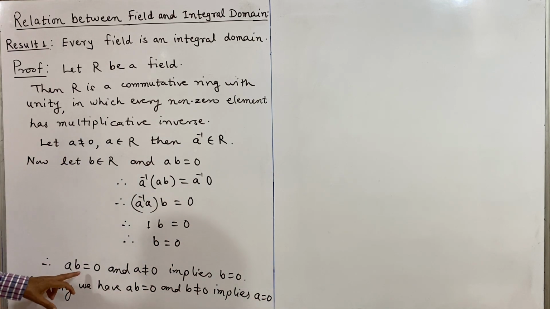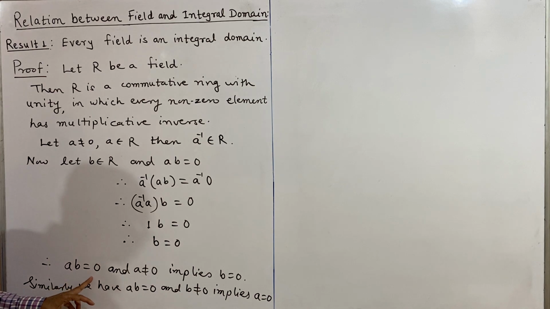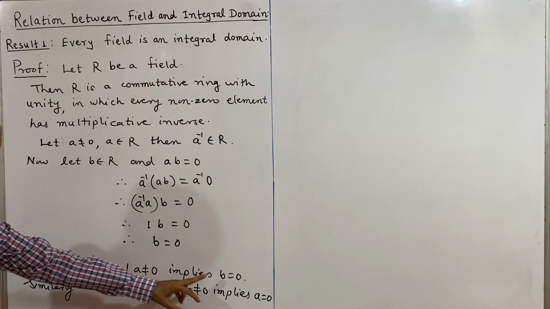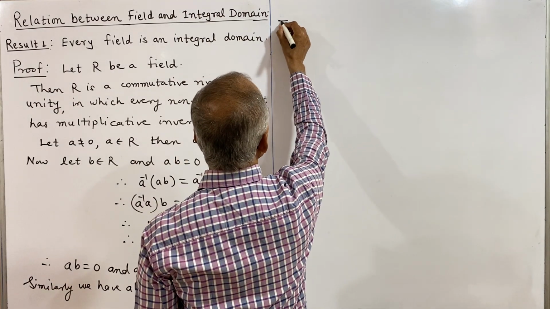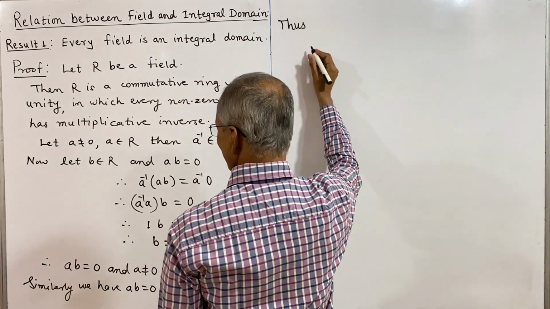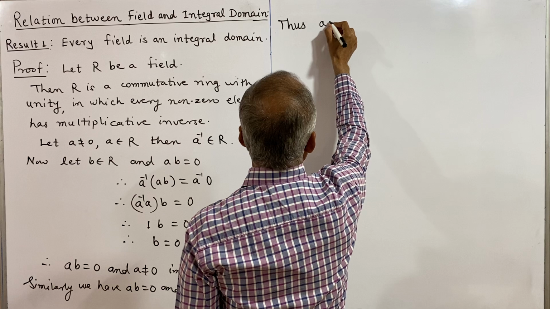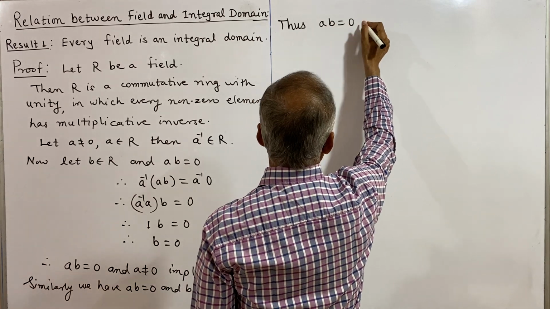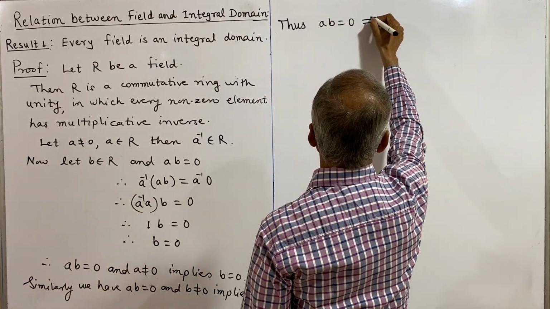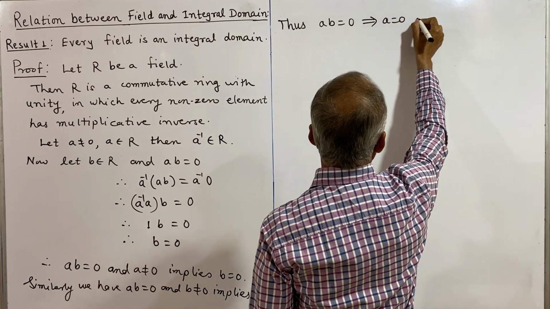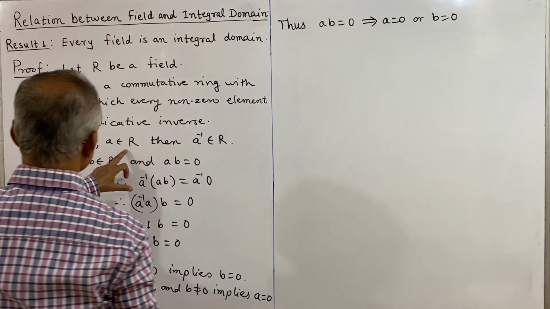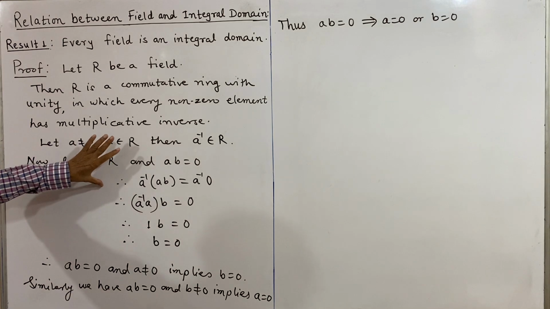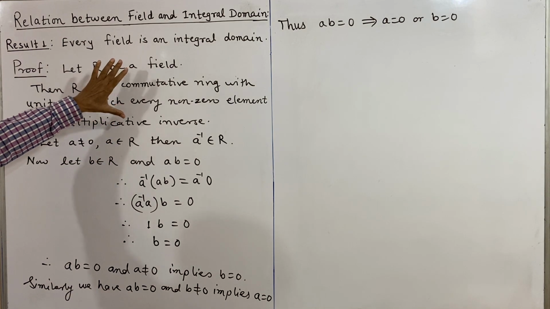And thus, if you combine these two results, ab equal to 0 implies either b equal to 0 or a is equal to 0, where a and b are in R. And this proves that R is an integral domain.